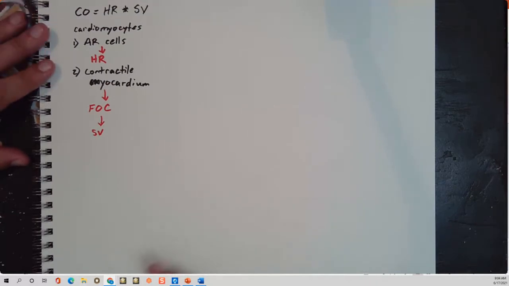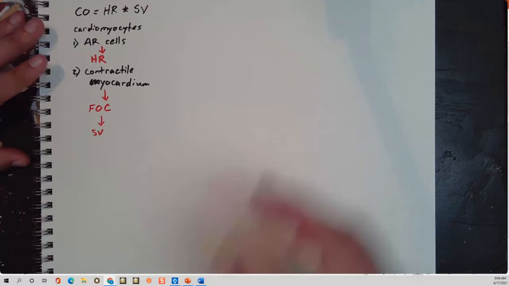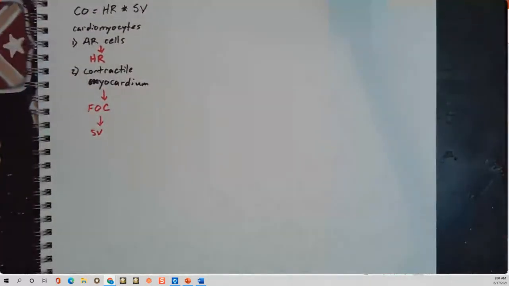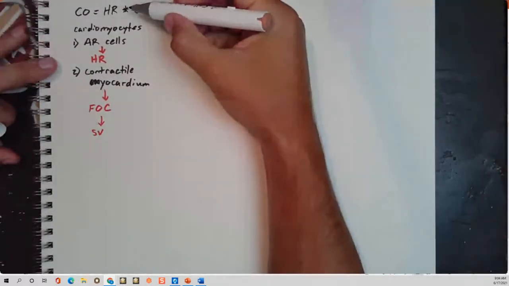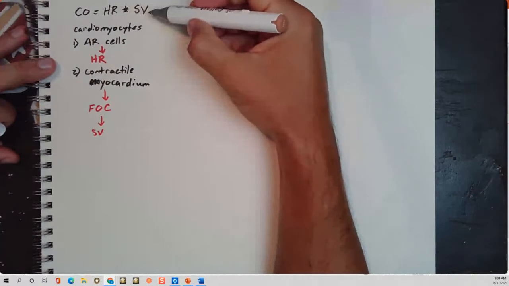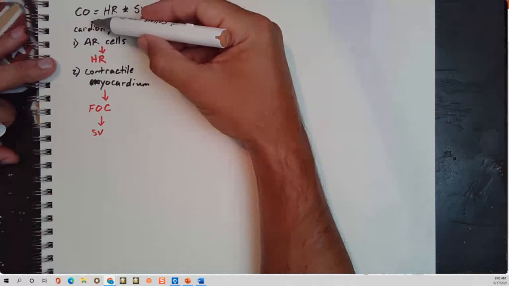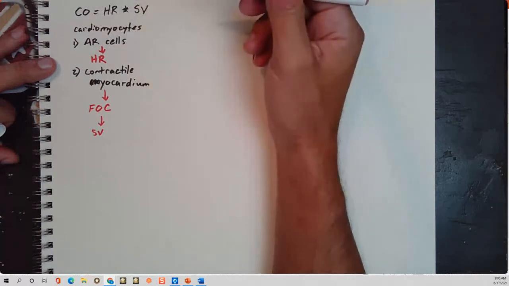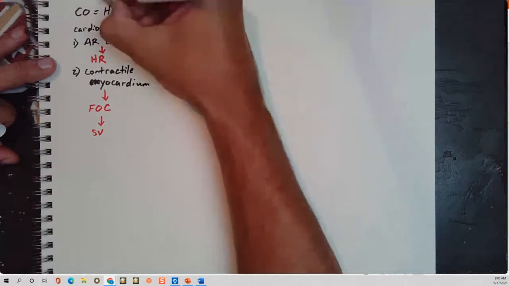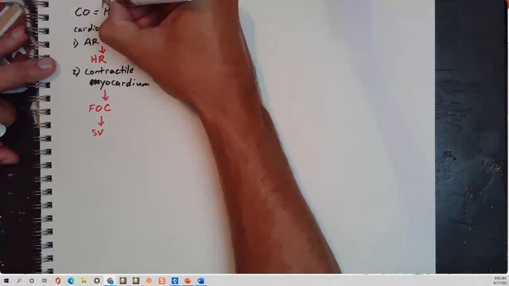Cool. Now, that is not where we stopped, of course. Where we stopped is during this idea of, can a patient change their cardiac output? If they need more blood, can they change their cardiac output so they get more blood? And the answer is yes, right? Can we increase our heart rate?